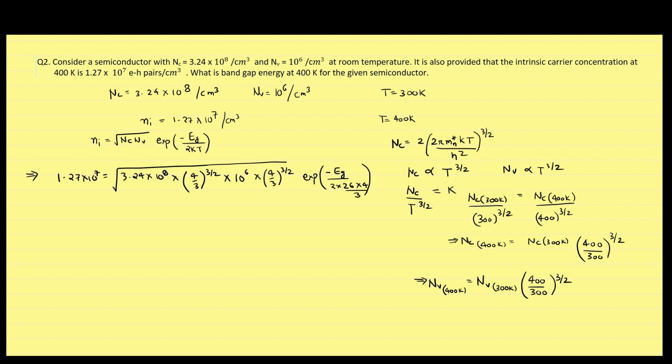We know that kT at room temperature is equal to 26 milli electron volt. So kT at 400 Kelvin will be equal to 26 divided by 300 multiplied by 400. We cancel out the zeros, giving us the value 26 into 4 divided by 3. Now only the calculations are left.